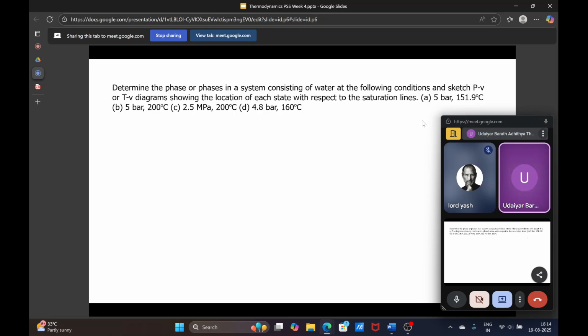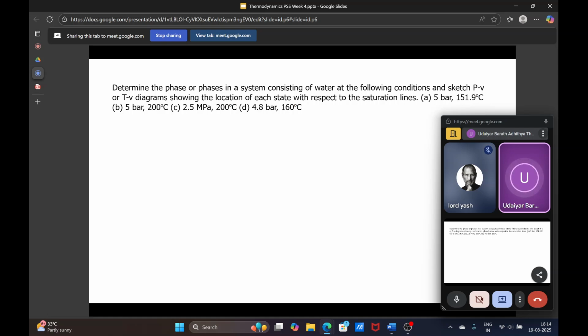So if you are looking at a constant pressure, if your temperature is more than your saturation temperature, you will have superheated vapor, or superheated steam for water.